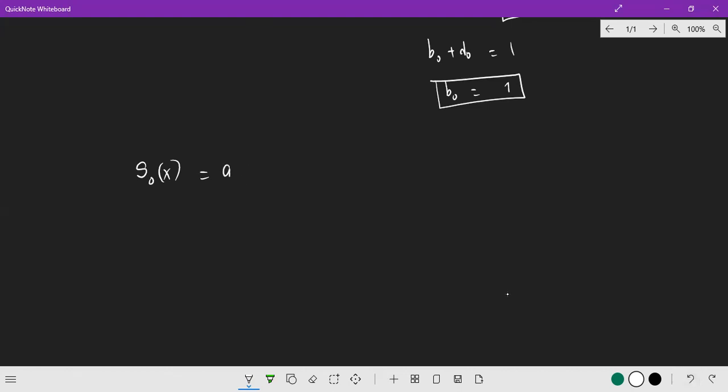Remember that S naught is simply A0 plus B0 times X minus X naught, plus C0 times X minus X naught squared, plus D0 times X minus X naught cubed.